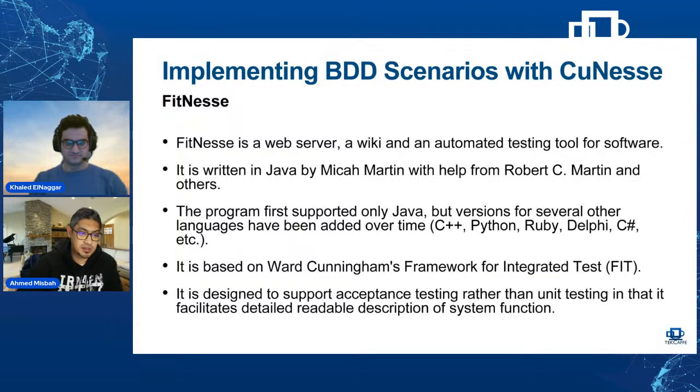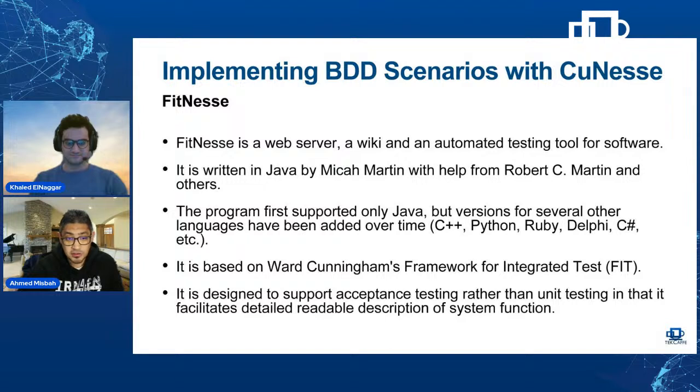So let me give you a little bit of an introduction about FitNesse. FitNesse is a web server, a wiki, and an automated testing tool for software. It is written in Java by Micah Martin, with the help of Uncle Bob and others.